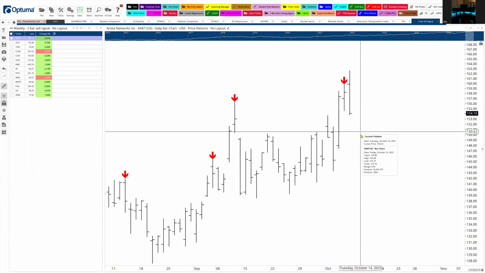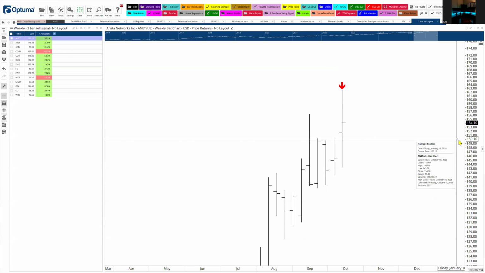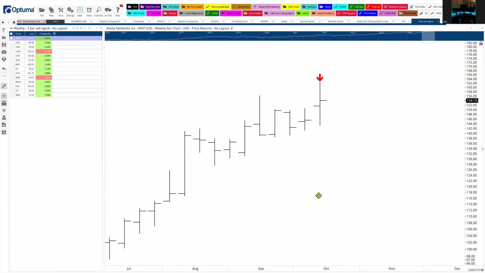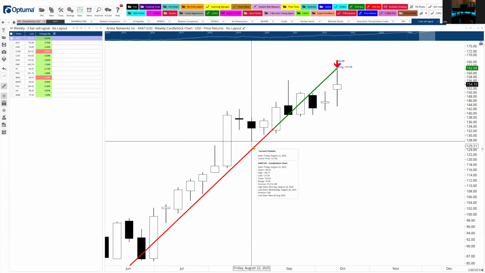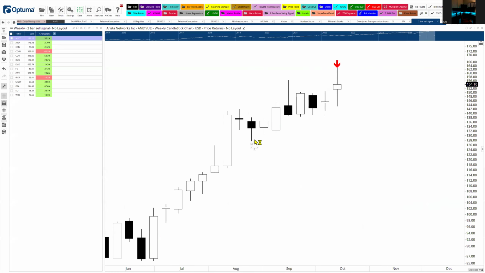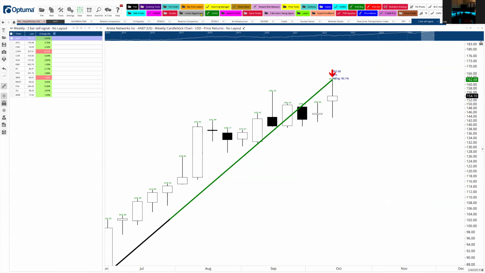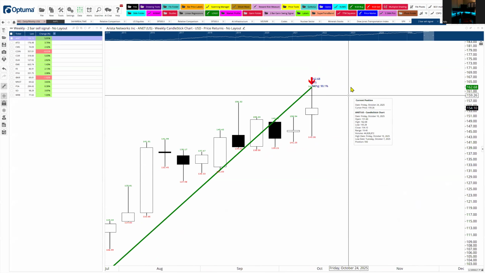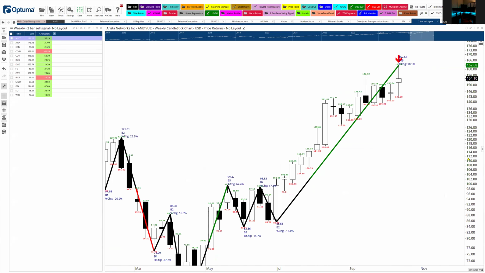I'll keep that in mind. So yeah, these are very powerful sell signals, just to let you know.